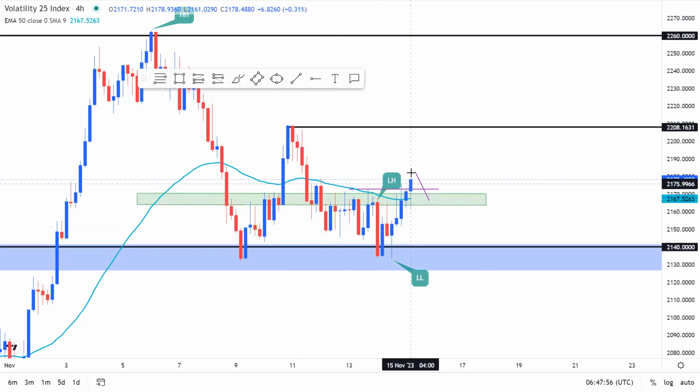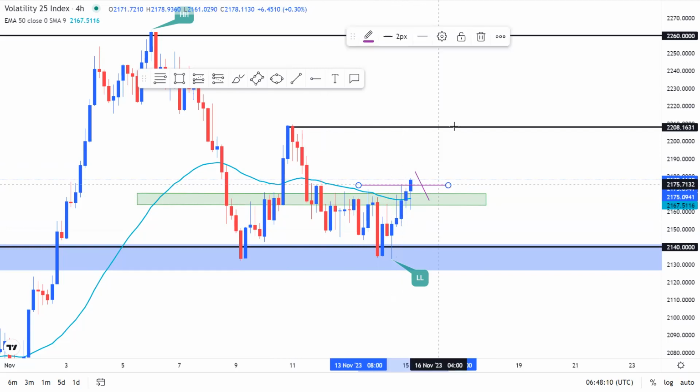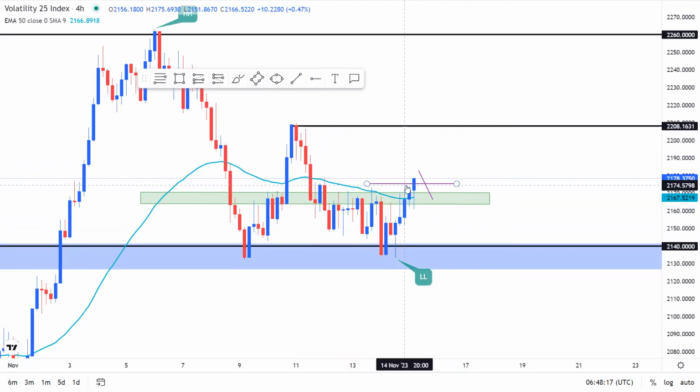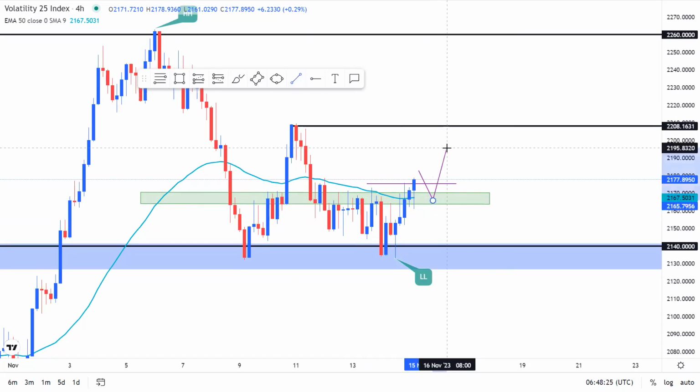So once we have a clear break above this level, by clear break, I would love to see the current 4-hourly candlestick close right above these highs, and that will signify a clear break. And once that happens, I would potentially wait for price to come right back into the level, where I would then love to get back in for longs.